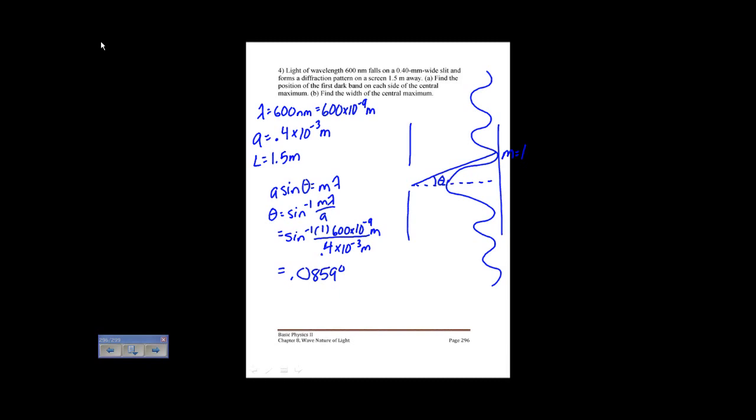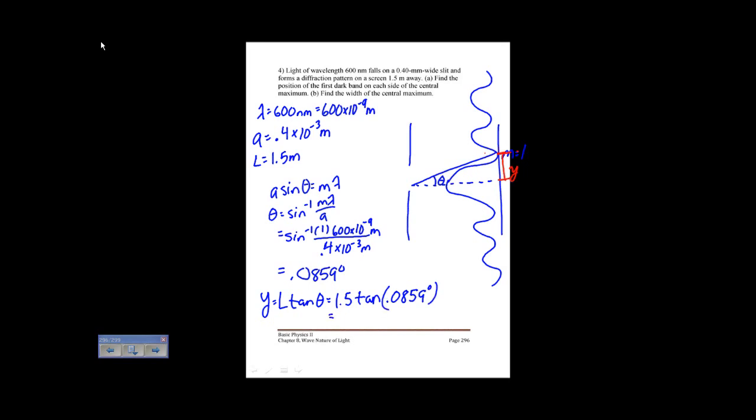And then I also want to find out what is y. That is, what is this distance, y. Y is equal to L tan theta. L is 1.5, tangent of 0.0859.